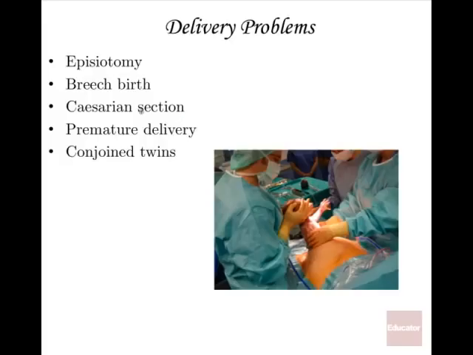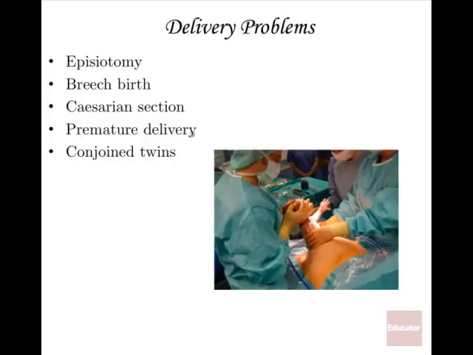But a C-section is where they administer anesthesia, of course, but they cut into the abdominal area of the female so that they can see the outer wall of the uterus, and they cut into that, and then they take the baby out. And you can see right here, that's what they're doing. It looks kind of uncomfortable for the baby, like they're just pulling it out by its head, but you can see that this nurse is assisting the doctor in getting that baby out.